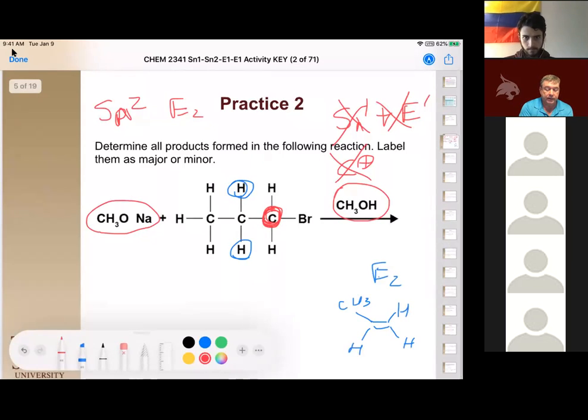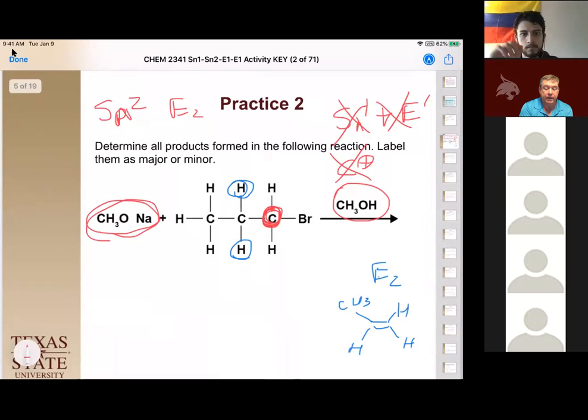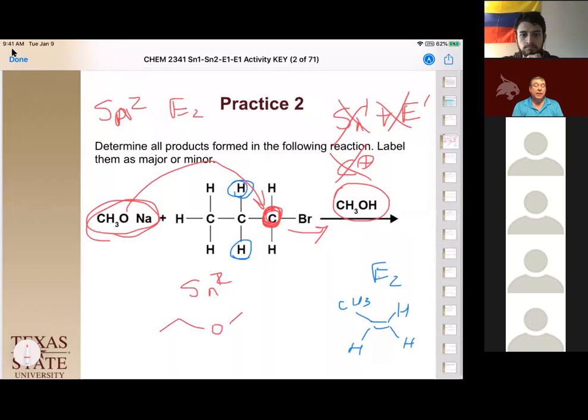And if we use this as a nucleophile, it would come in and displace at this carbon, giving us our SN2 product, okay? So we have the competition between the SN2 and the E2, which is the major product, okay?